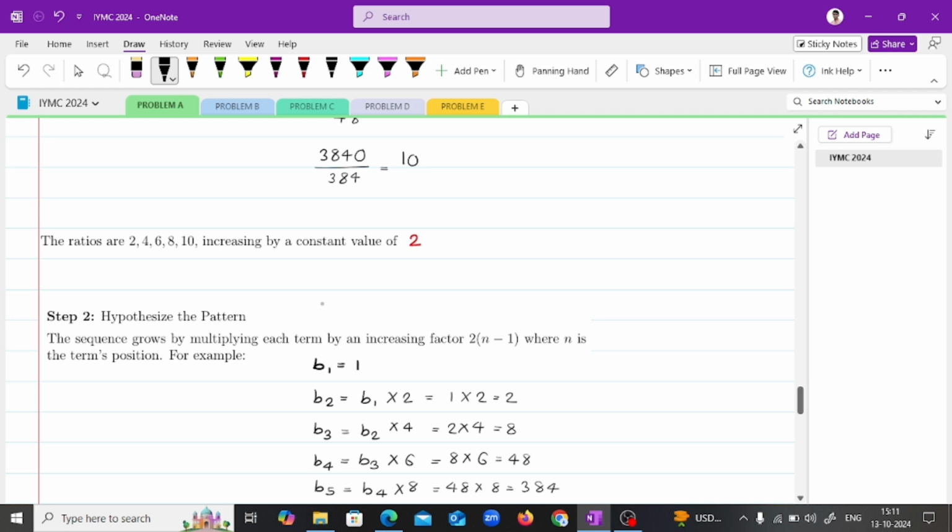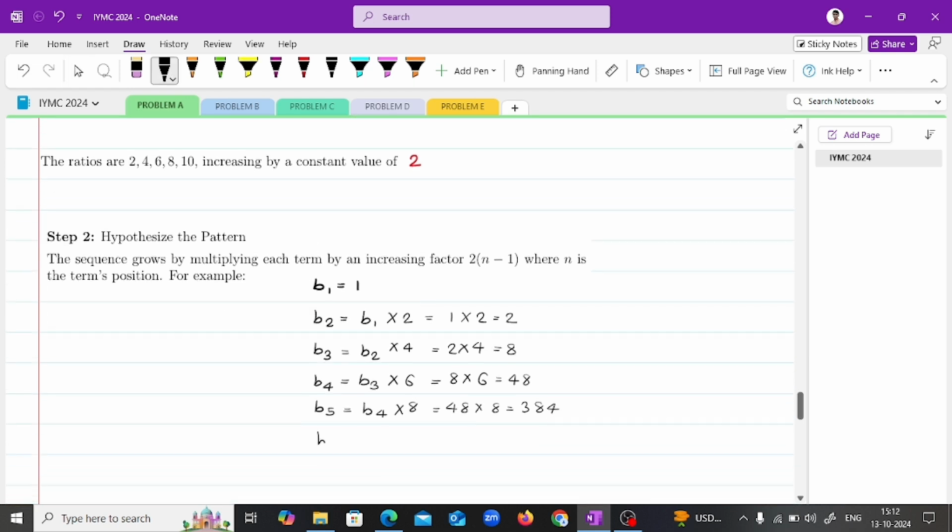And now we can calculate the sixth term of the sequence, that is b6 is equal to b5 into 10 is equal to 384 into 10 is equal to 3840.